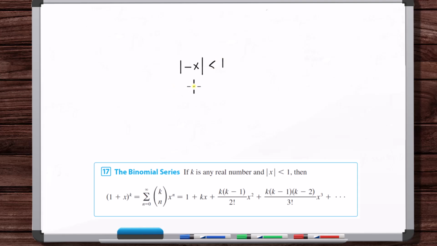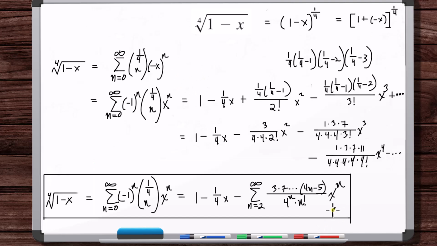So let's solve this absolute value inequality. The minus doesn't matter. It's just going to be the absolute value of x is less than 1, exactly the same as this. You put a minus sign inside of an absolute value, the minus sign just goes away. It's like you never even put it in there. So it's just r is equal to 1.